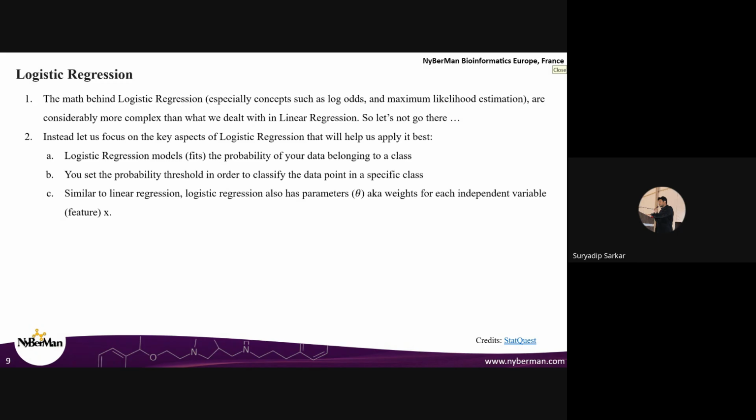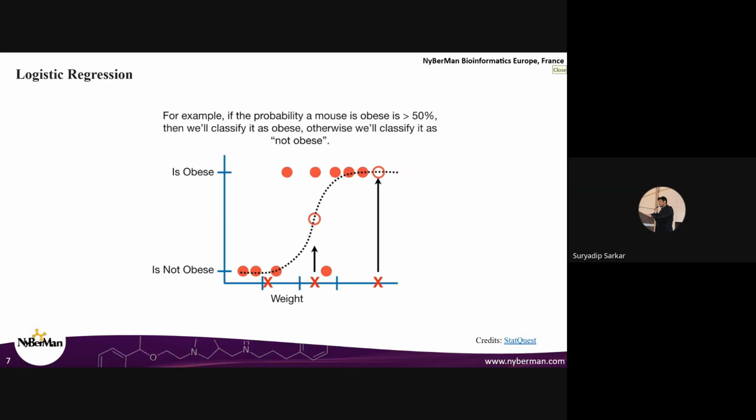You are the one who sets a particular threshold for the probability. Today I showed you the example with 0.5, right? We used 0.5 as the threshold, and we said whatever has a probability greater than 0.5, you please classify as obese, and if the probability is less than 0.5, you classify as not obese, right? Tomorrow I can change this threshold if I want.